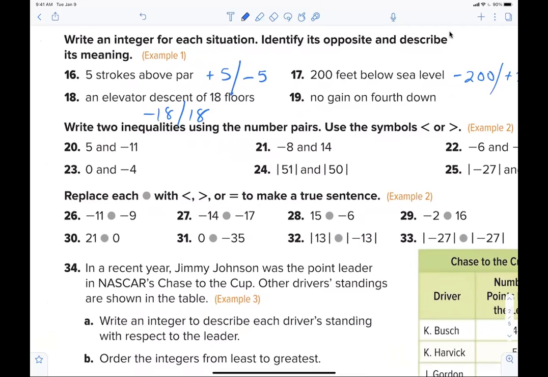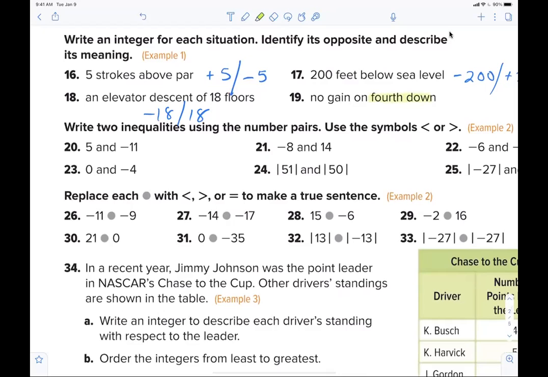Ooh, 19. Mackenzie, what are you thinking? No gain on 4th down. No. So I like that. But I know I don't play football either, so don't feel bad. Here's what I want you to do.